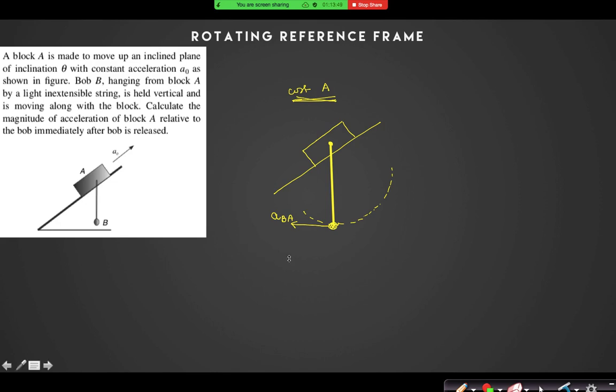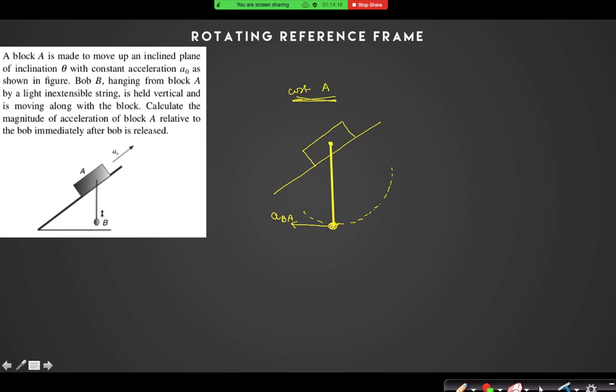If I ask you with respect to the ground, at this instant, as I release, what is the direction of acceleration of that ball B? Can you tell me with respect to the ground, what is the direction of acceleration of the ball B? Between these two.